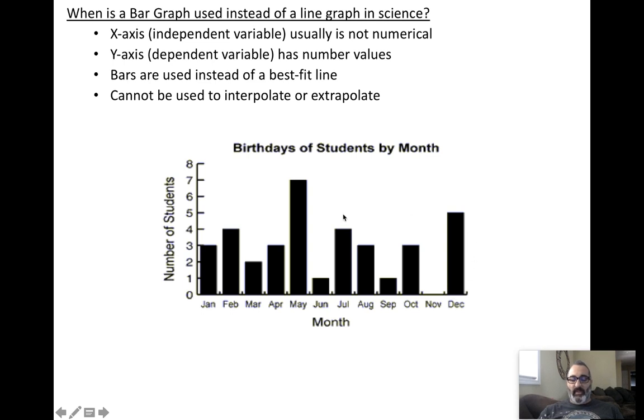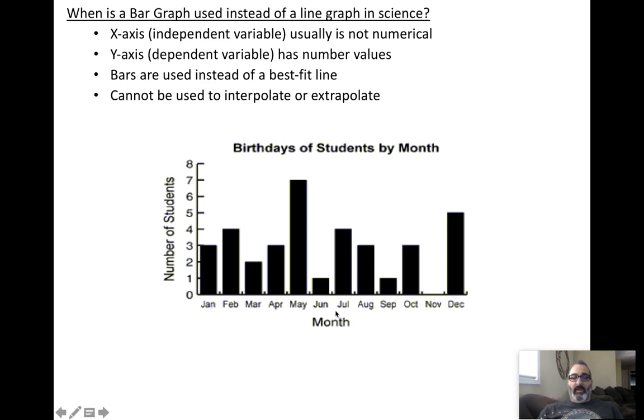They're more visual to them. But you cannot interpolate or extrapolate from this type of graph. You don't have a best fit average of your data. So this is why in science, if you can, you generally want to plot points and make a best fit line so that you can extrapolate or interpolate from your information.